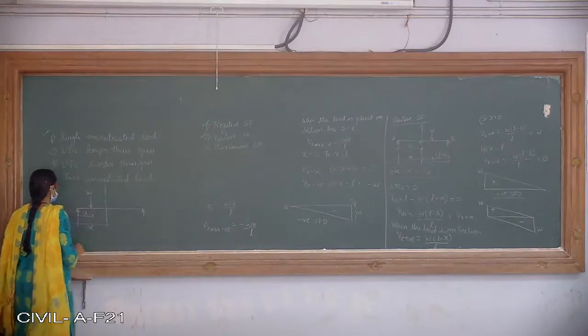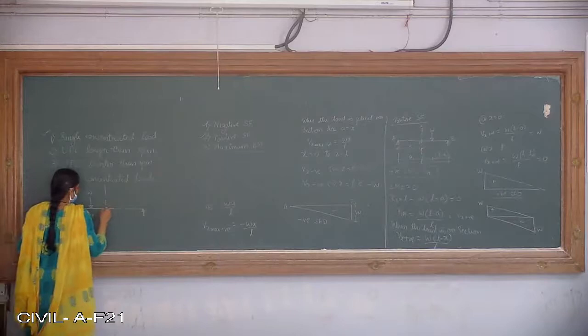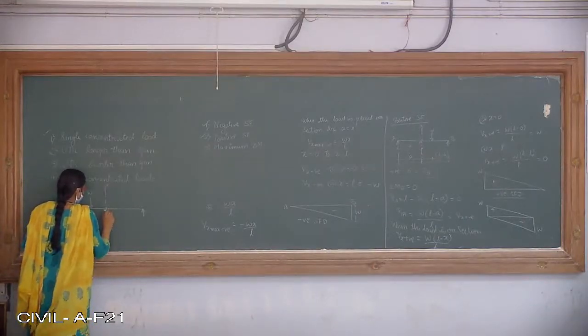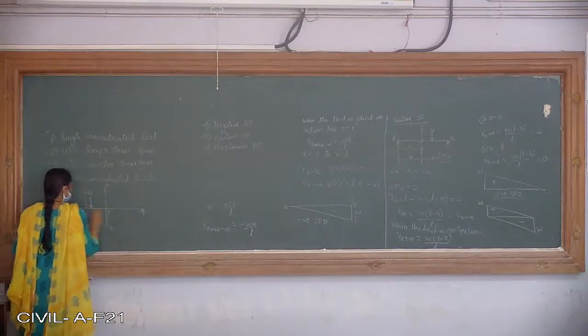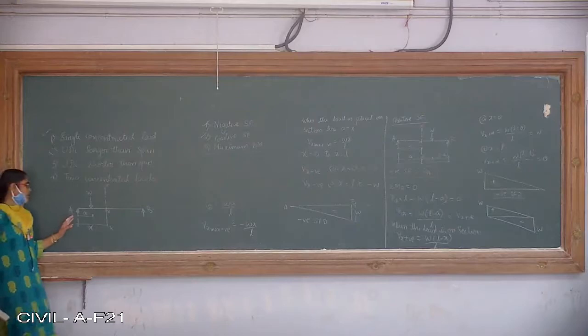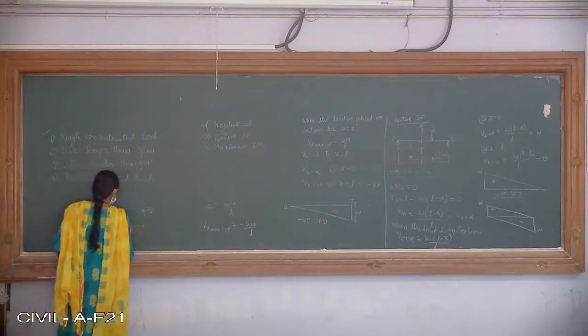So here this is the distance at X and this is my A. Okay. So what would be the moment at X? This is the XX value, section at X, A and B I have. So moment at X is going to be Ra into X or Rb into L minus X, right?